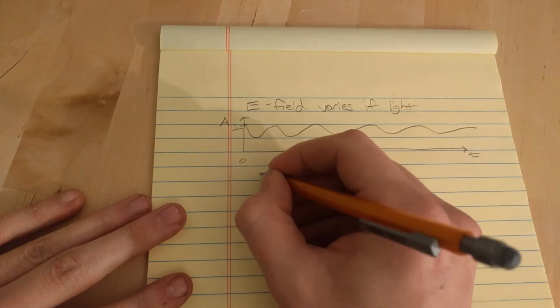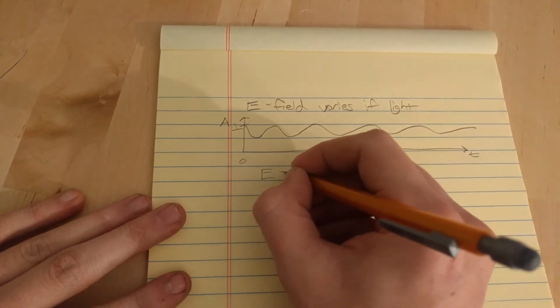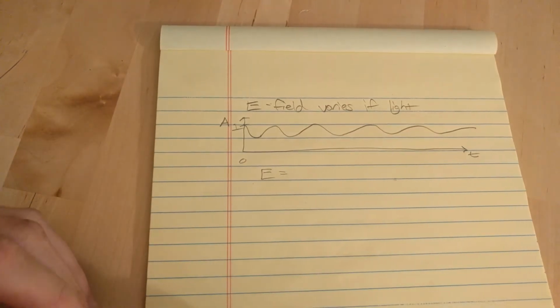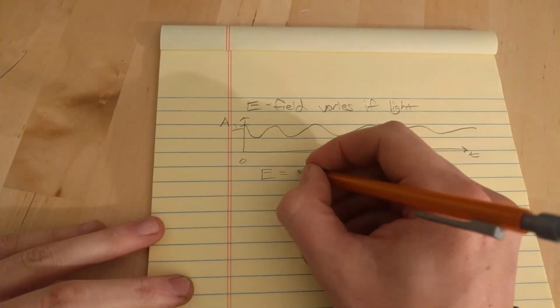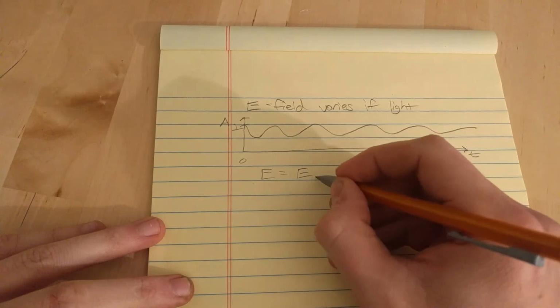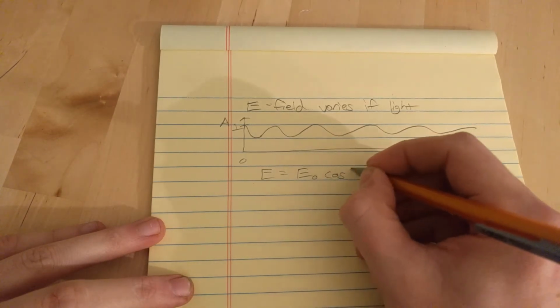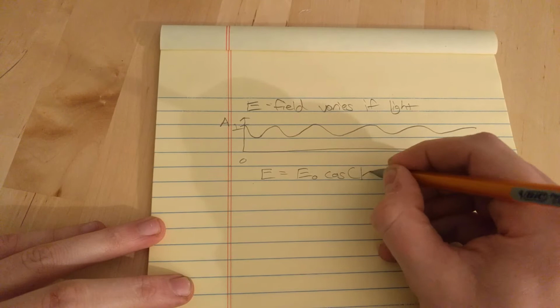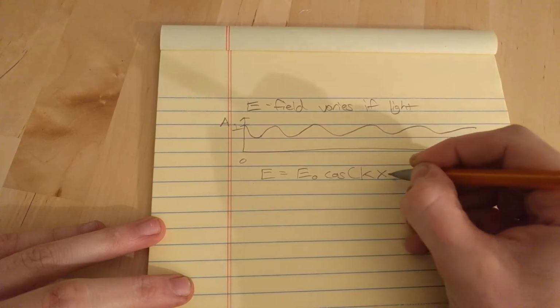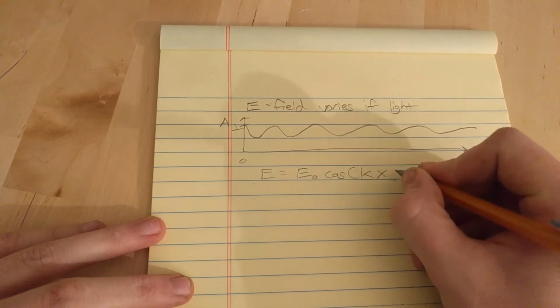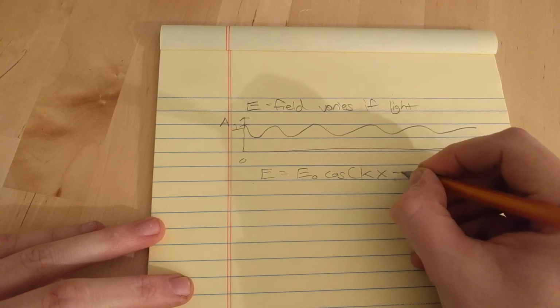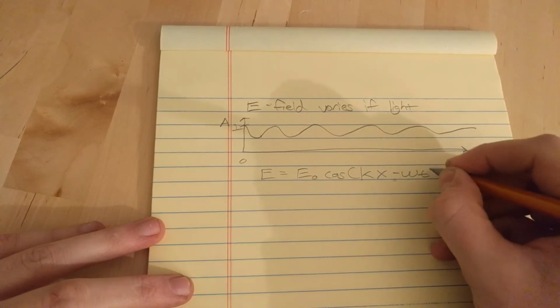So we can write our electric field as some amplitude term, E naught, times cosine of some momentum vector times the position in space, x, minus a frequency times time.